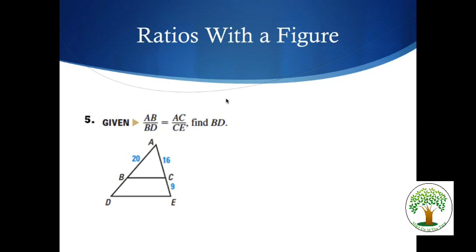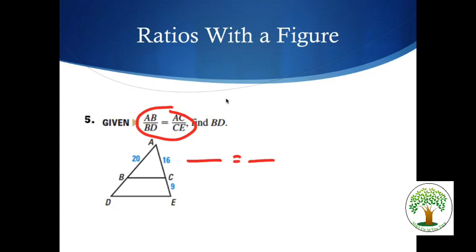All right, let's do number 5 really quick. We're going to go back a little bit to number 5. I am giving you a ratio, or two ratios, a proportion. We're going to substitute in and find BD. So for the top one, do we put X for BD then? Yes. AB equals how much? 20.